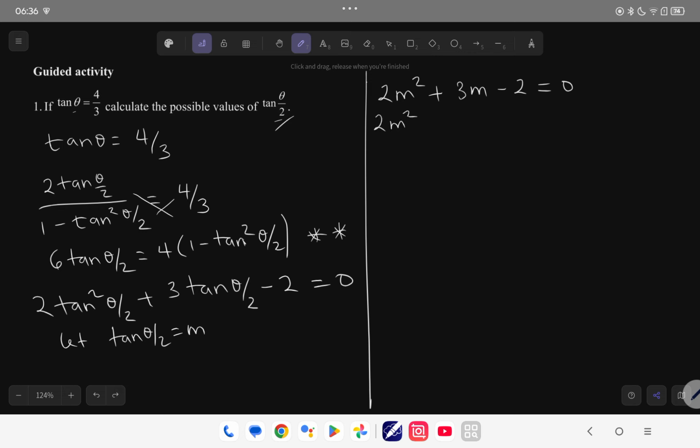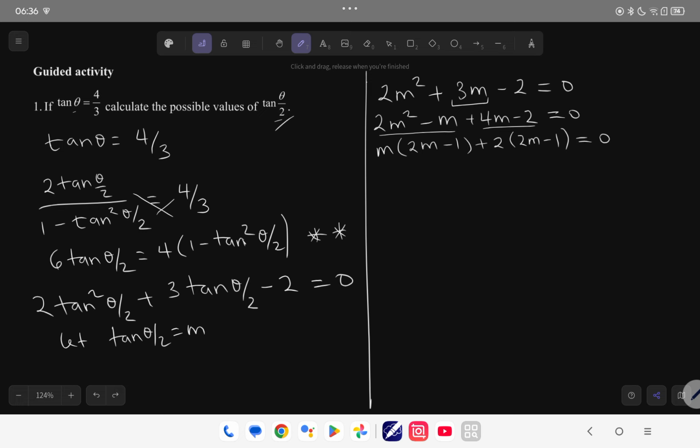So 2m squared, replacing this 3m with those two factors, minus m plus 4m minus 2 is equal to 0. We'll have an m into 2m minus 1 for these two, plus a 2 into 2m minus 1 for the last two.